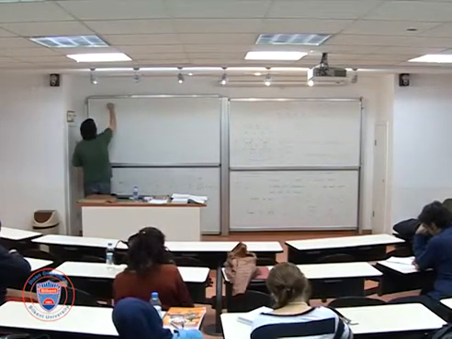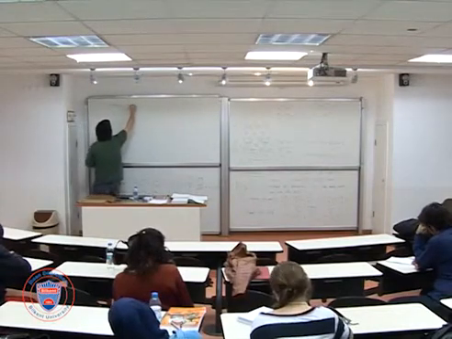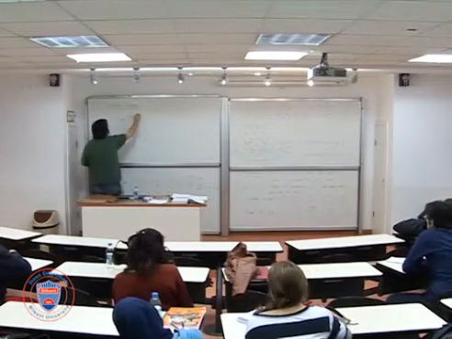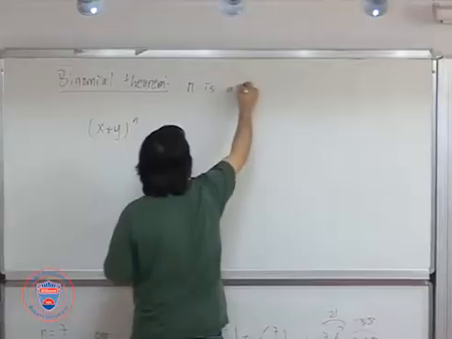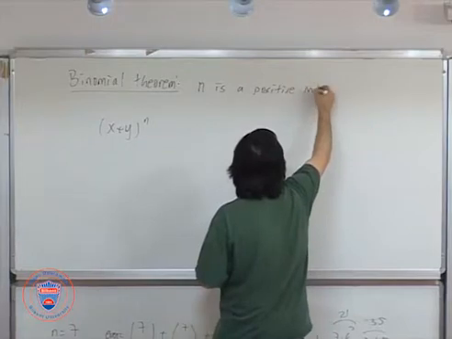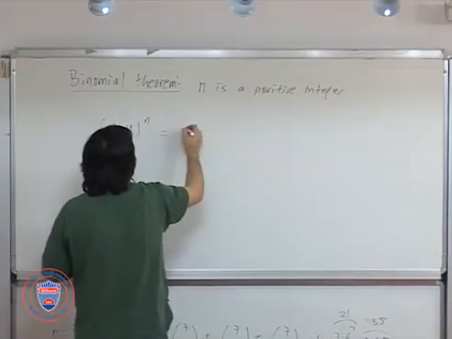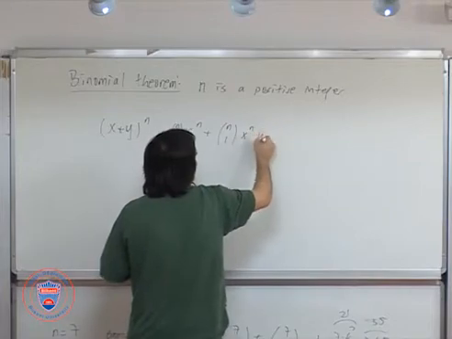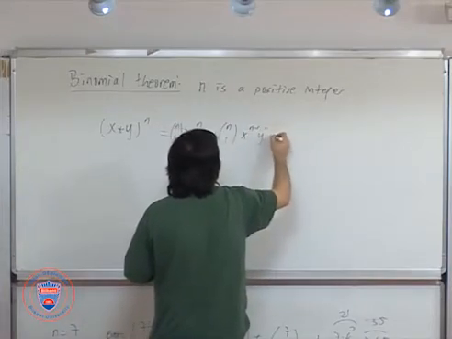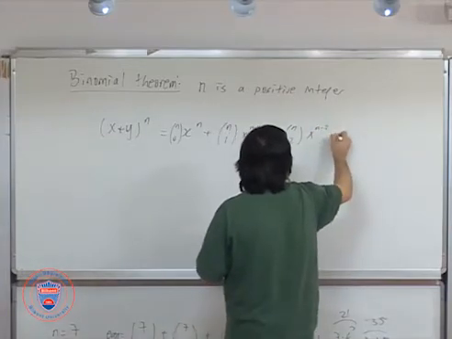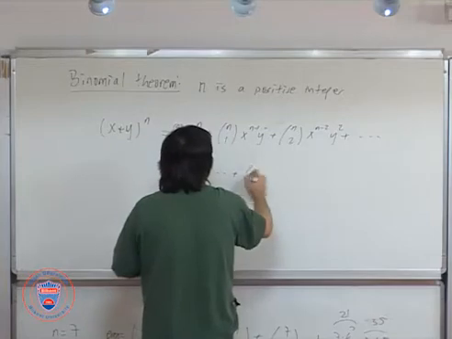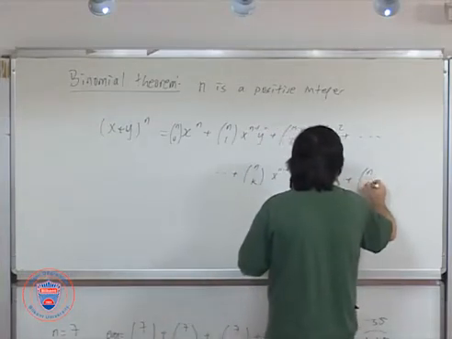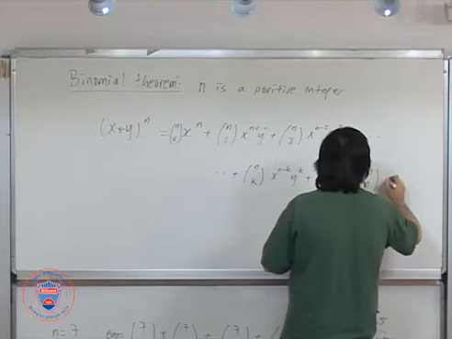So it said that if you take (x plus y) to the power n, where n is an integer, and this is true for any x and y, you get x to the n plus n choose 1, x to the n minus 1 y, and so on. So the general term looks like this.